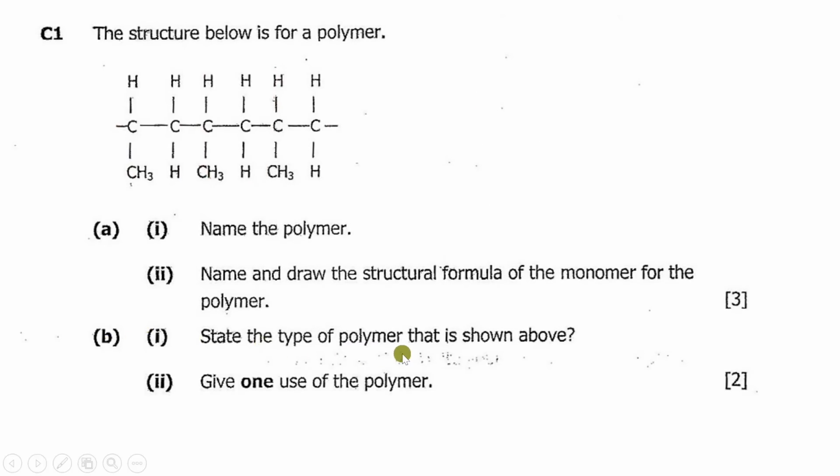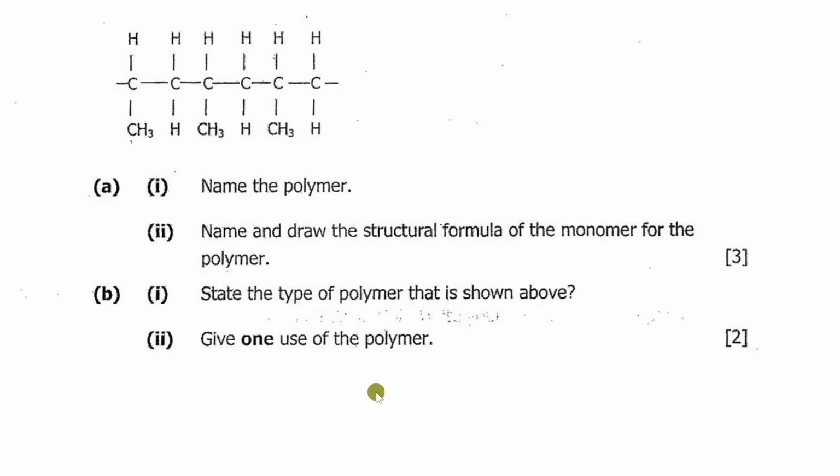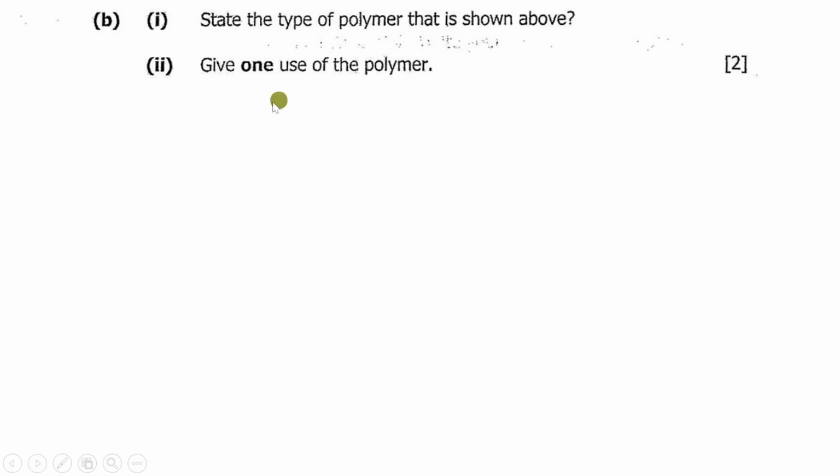Then we move on to B1: state the type of polymer that is shown above, and Roman numeral 2, give one use of the polymer. The type of polymer, because you add the same monomer repeatedly, is called addition polymer. Then give one use of the polymer.